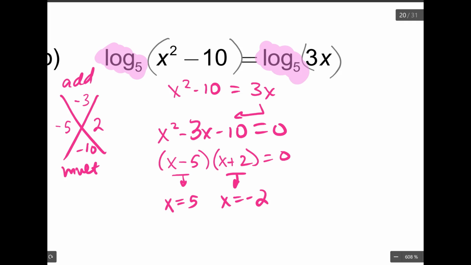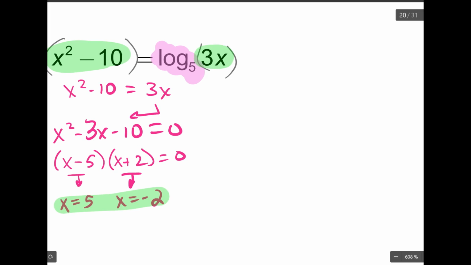I found two possible solutions. I need to check them. When I plug in the x value, this part I'm highlighting in green, the inside portion, if that turns negative, that means this is a fake solution. It's not going to be a real solution. So I'm going to be plugging these in.